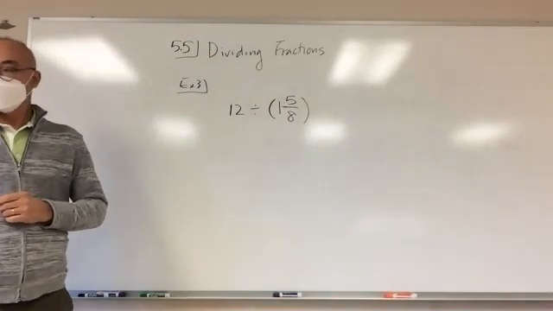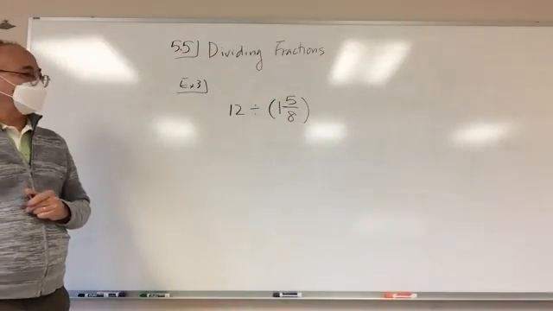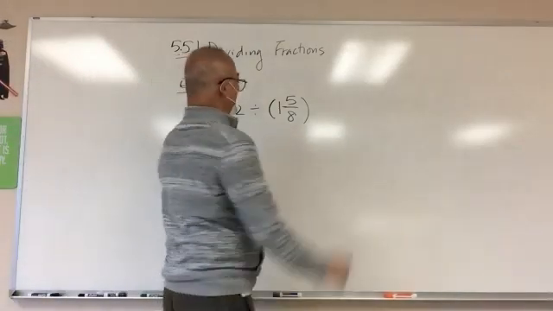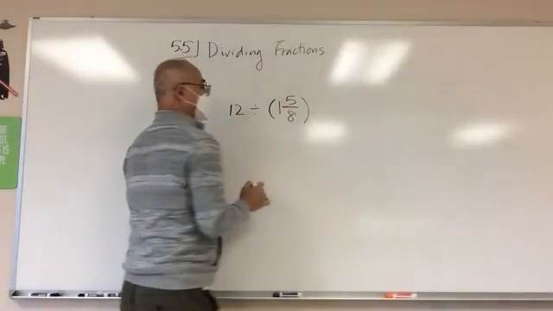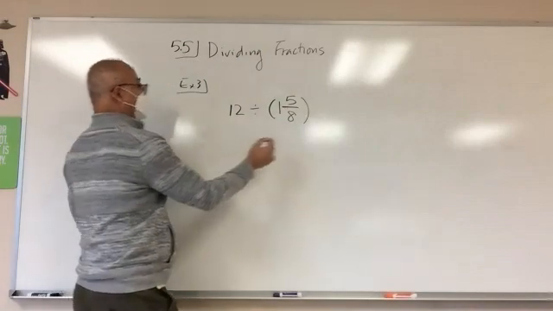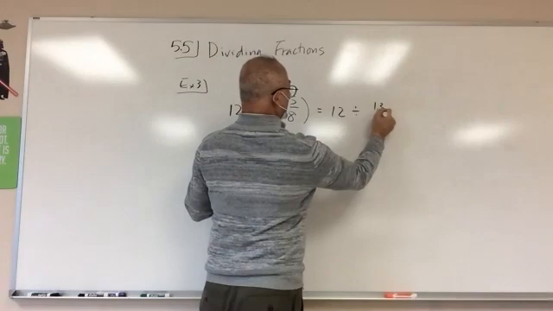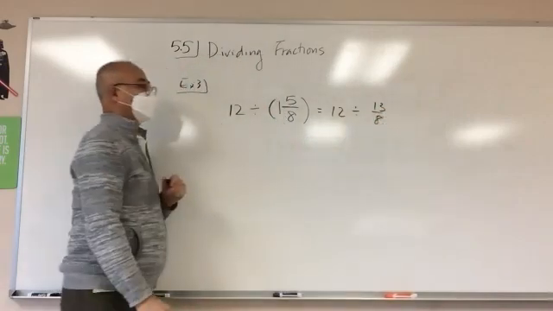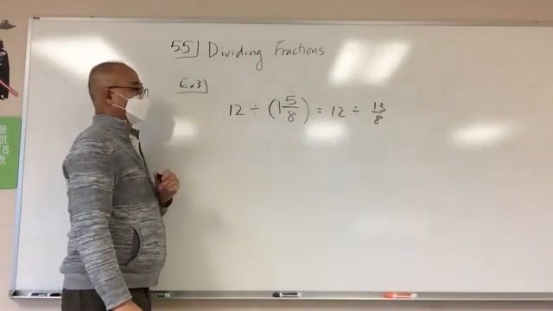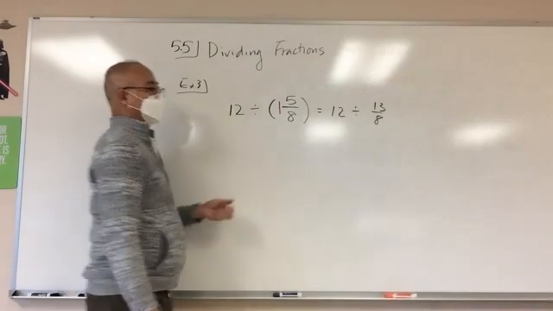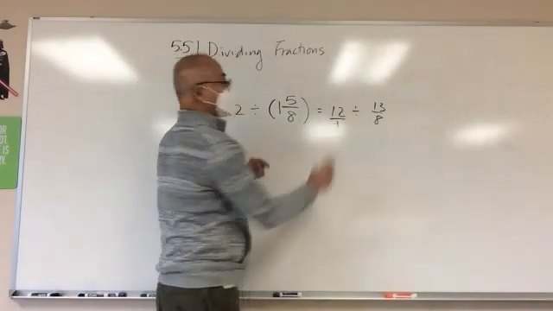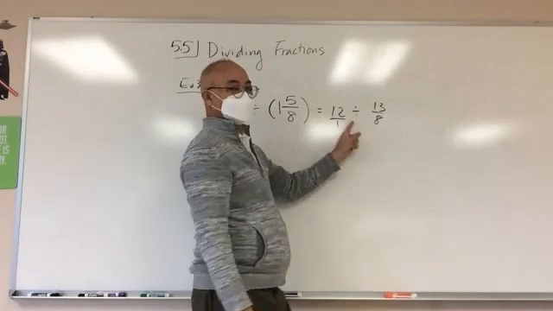Okay? All right. So Lysandra, you want to work this for us? 1 times 8 plus 5 is 13 over 8. So 13 over 8, divided by 12 over 1. 12 over 1 is fine, it doesn't matter. Okay, then what do I have to do with this?